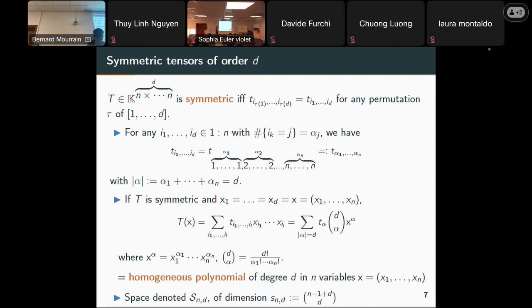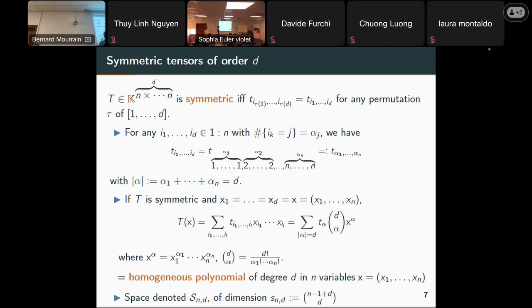And so you can represent this coefficient by putting all the 1s at the beginning, alpha 1 of them, then all the 2s after, alpha 2, and so on, alpha n. So this is also a coefficient T_alpha.